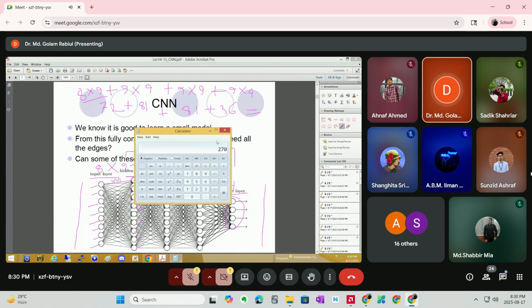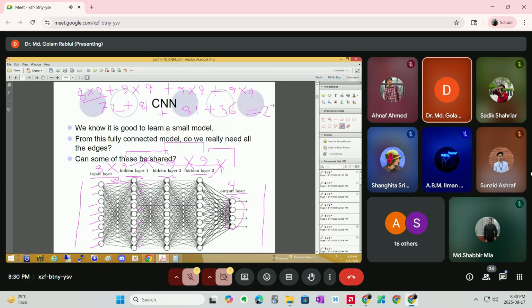So here it is 270. Now we can see 270 connections, and each and every connection has a weight. The total number of weights is 270.